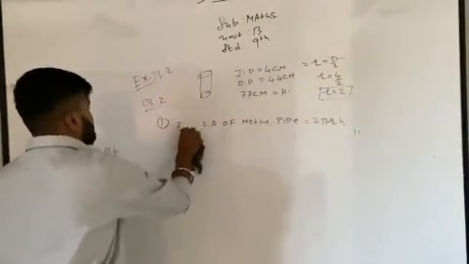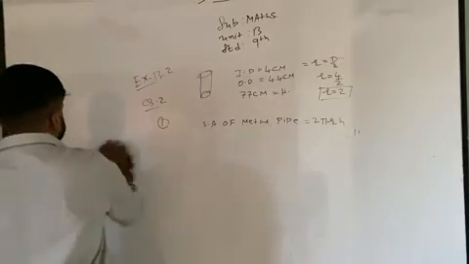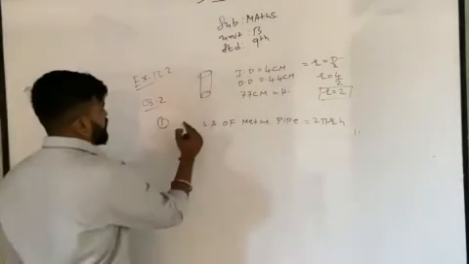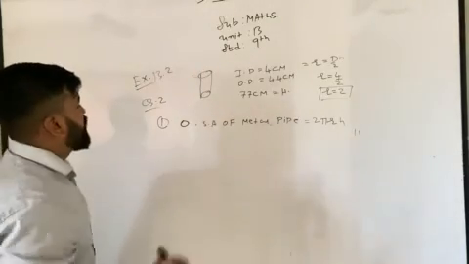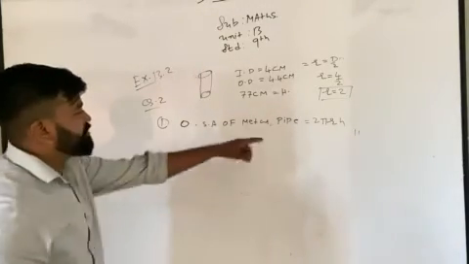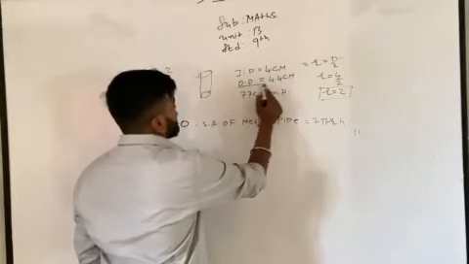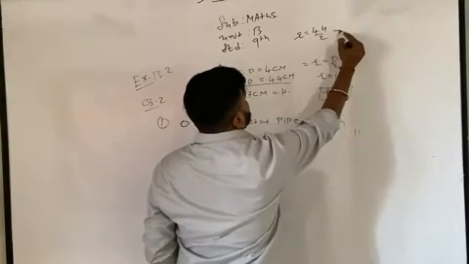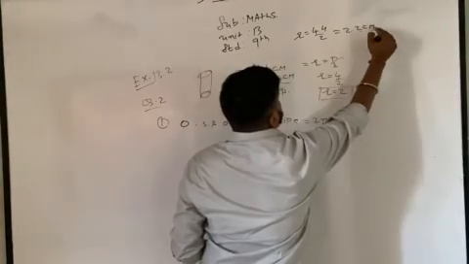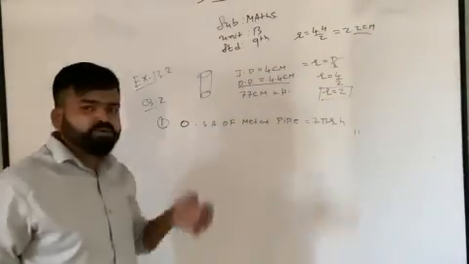Instead of inner, we write outer surface area of the pipe, that is equal to 2 pi RH. The value of R is equal to 4.4 divided by 2, and that is equal to 2.2 centimeter.